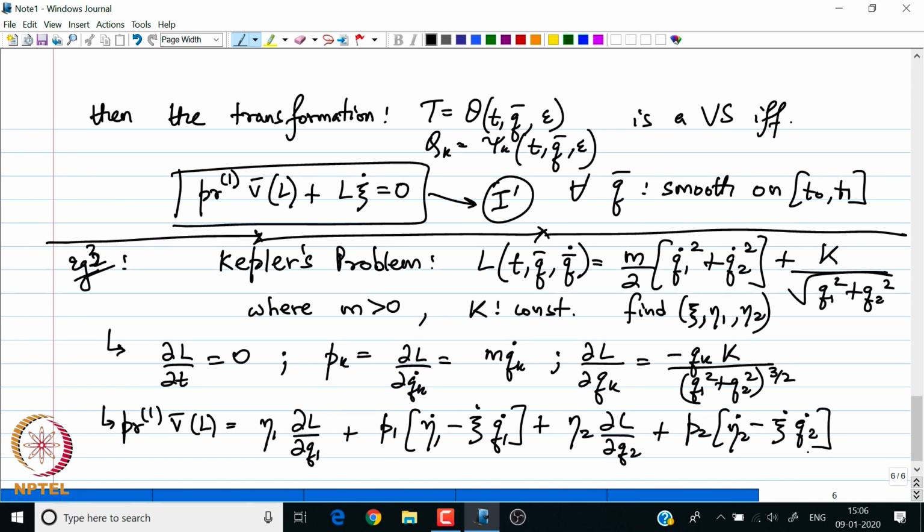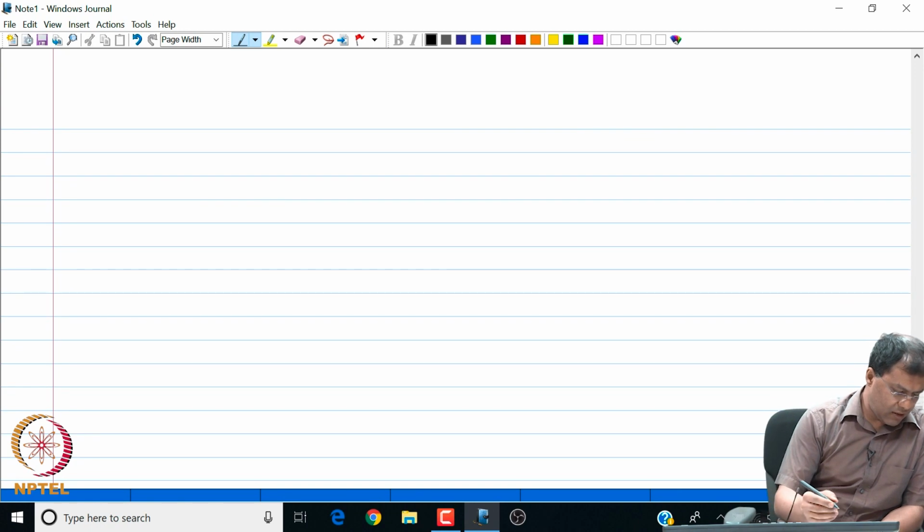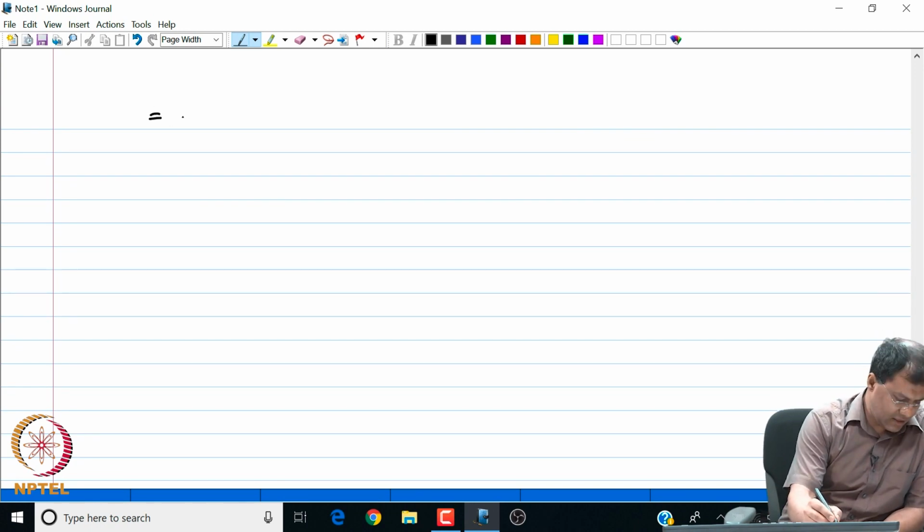I plug in all these quantities and write down the expression. After plugging in all the quantities, I am going to get the following expression.